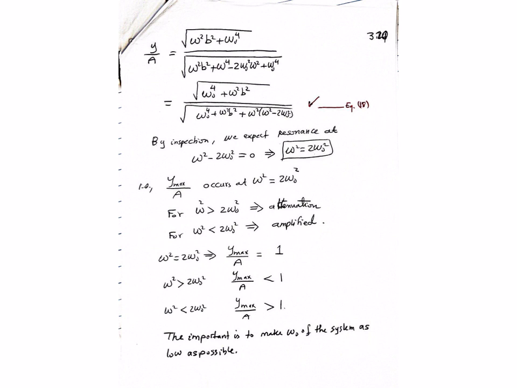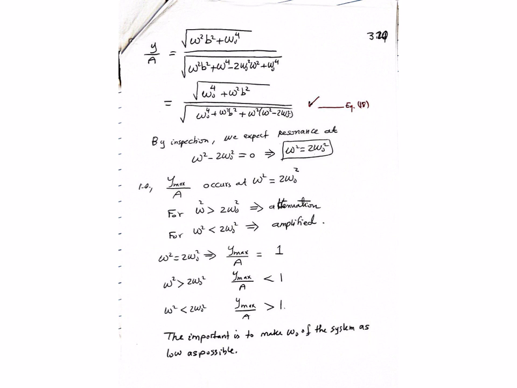Y over A is the square root of omega 0 to the power 4 plus omega squared times B squared, recall that B squared is r over m, the whole thing over omega squared to the power 4 plus omega squared B squared plus omega squared into omega squared minus 2 omega 0 squared.